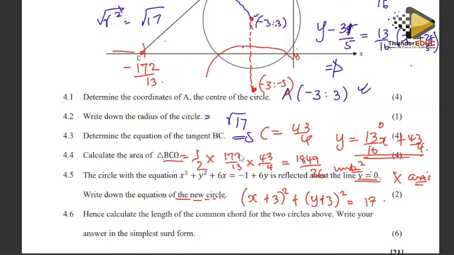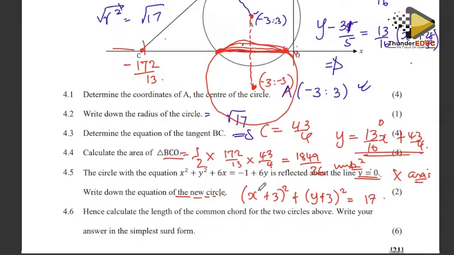So we can have something like that. So the common chord, this one, is what they're asking for, the line that connects the two meeting points. So you need to equate the two equations and solve them simultaneously because that chord is along the x-axis. Okay, sorry, yeah, along the x-axis where y is 0.